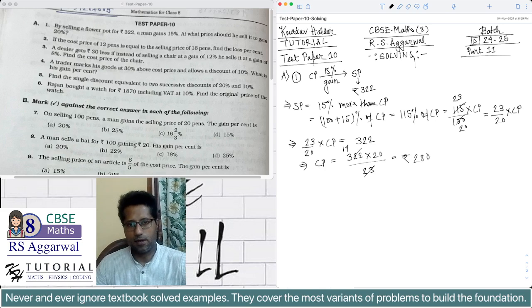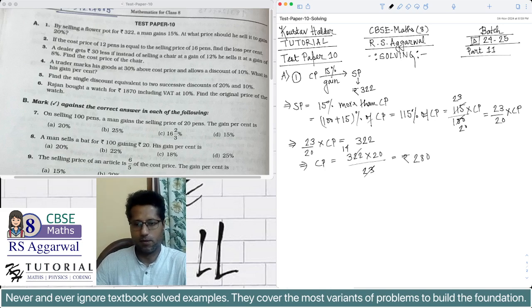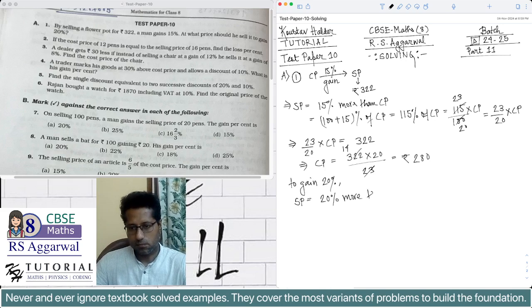Now it is asking at what price should he sell it to gain 20%. So to gain 20%, the selling price must be equal to 20% more than CP. CP remains the same.